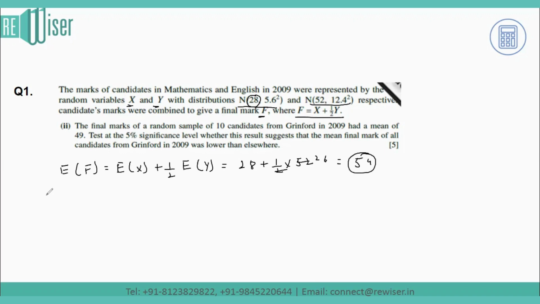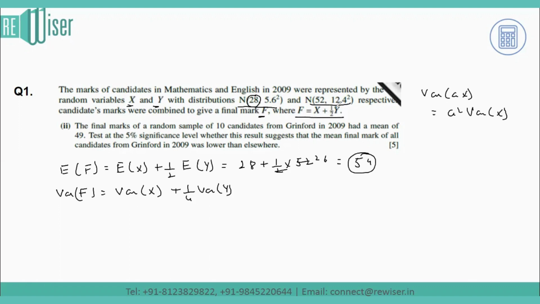Similarly, we need to calculate the variance of f. The formula for the variance of f will be the variance of x plus 1 by 4 the variance of y. The formula that we have used here is that if we are finding the variance of ax, that becomes a squared times the variance of x.